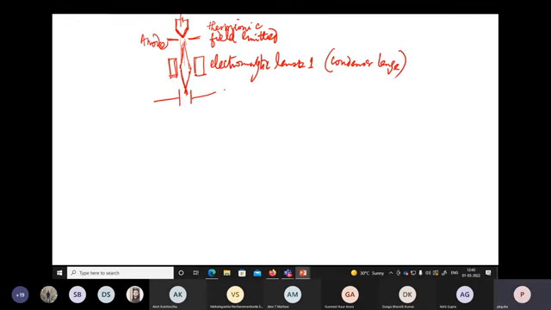This is known as the blanking plate. If you apply voltage on the blanking plate, it will blank, or prevent the electrons from passing through it. And then again there will be condenser lenses, say a second condenser lens, and so on.